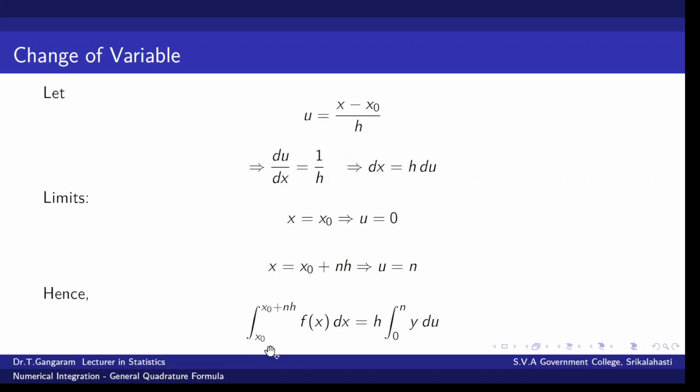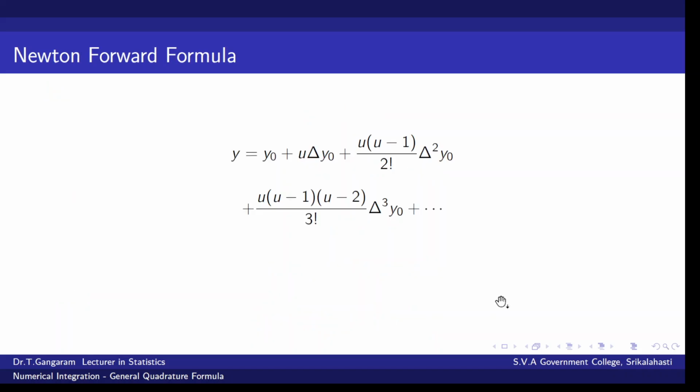Hence, the integral from x naught to x naught plus nh of f of x dx is equal to, we already found dx is equal to h into du, h comes out, f of x is equal to y, h into the integral from 0 to n of y du remains. In the Newton forward formula, we know that y is equal to y naught plus u into delta y naught, and so on.